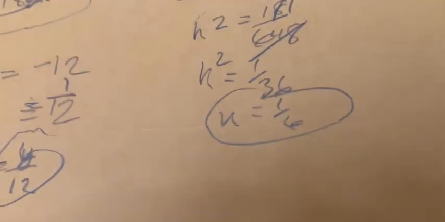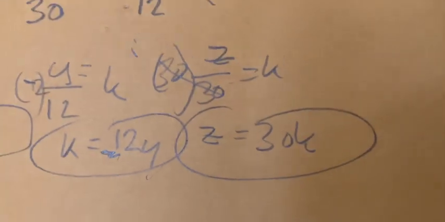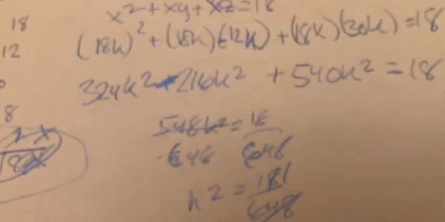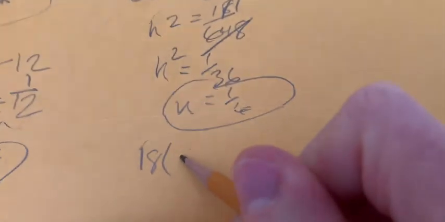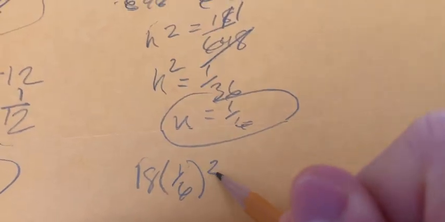So you got this K. Can't believe we did all this math for nothing. Okay, and then you plug it back in. What is it, 18? Oh, I don't want to do that. Okay.